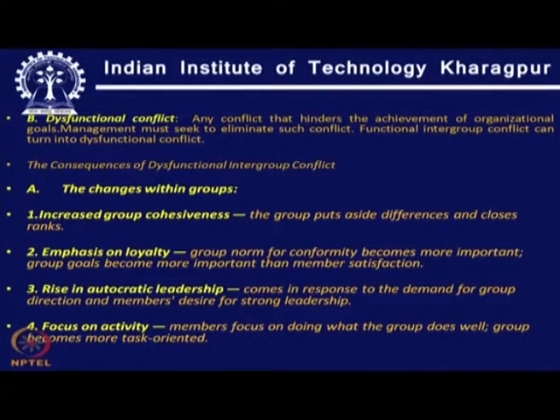Functional intergroup conflict can sometimes turn into dysfunctional conflict when we move away from the task at hand, focus on the person and try to find fault with the person, and deal with situations which are not related to the immediate context.